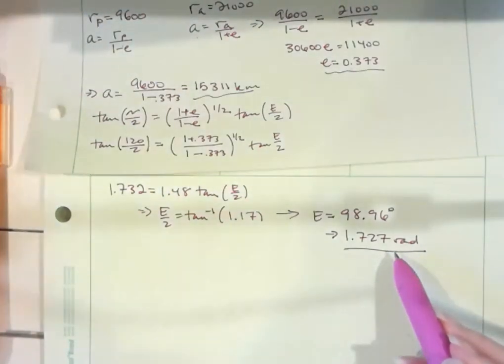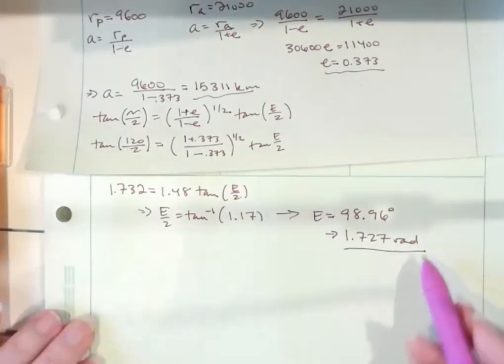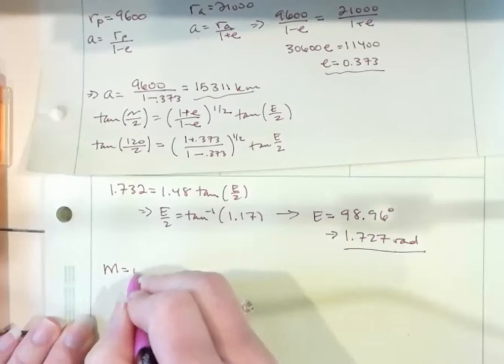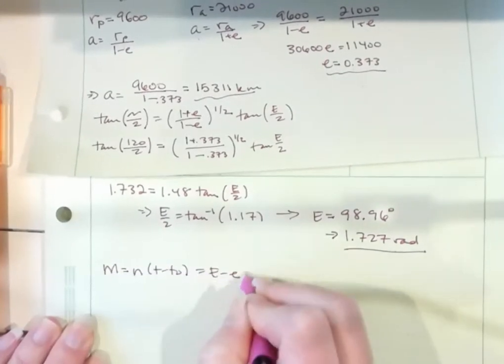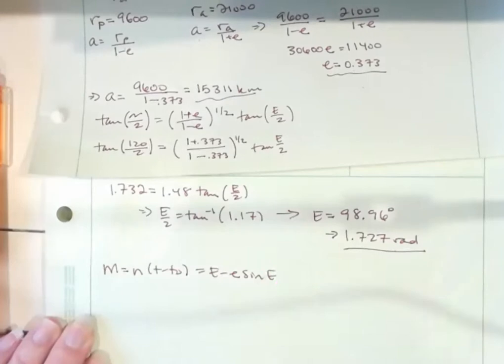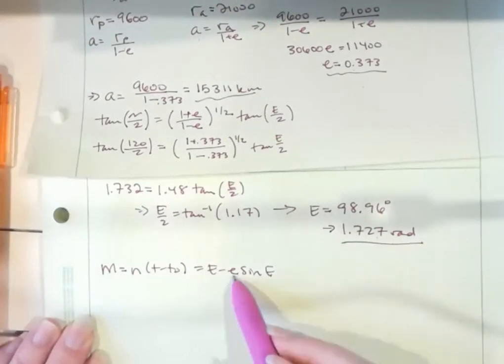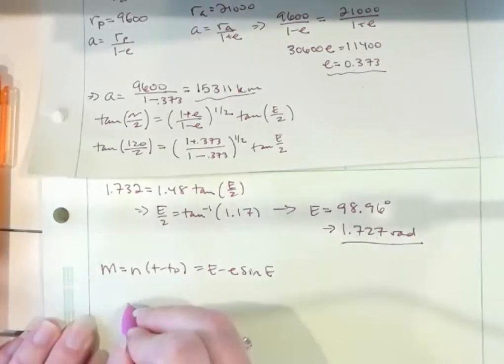So now we're almost done. Now we're going to take this eccentric anomaly and we're going to plug it into that mean anomaly equation, which is right here. Okay, so let's take this, plug it in. Eccentricity we know, n we can find.